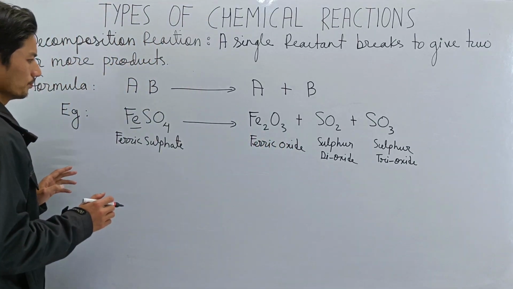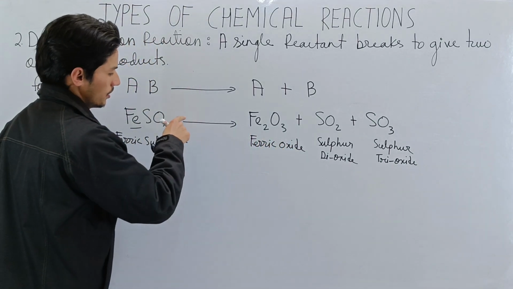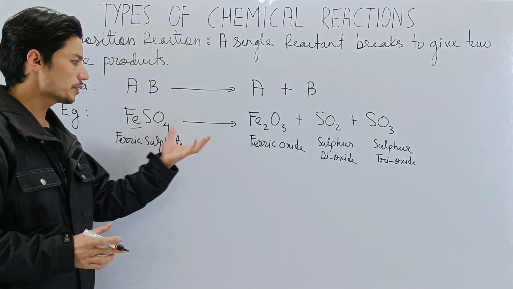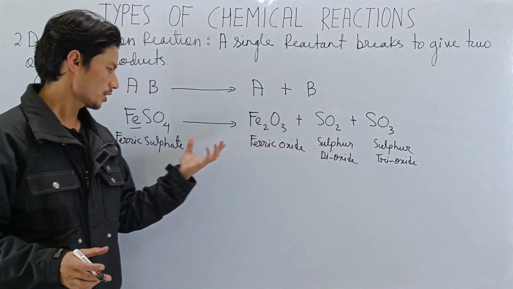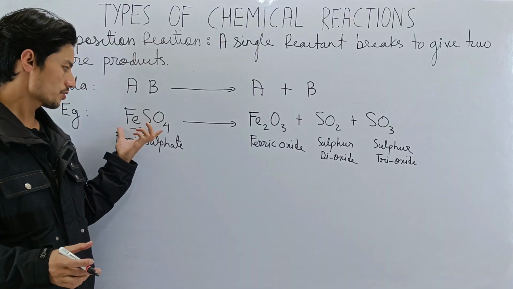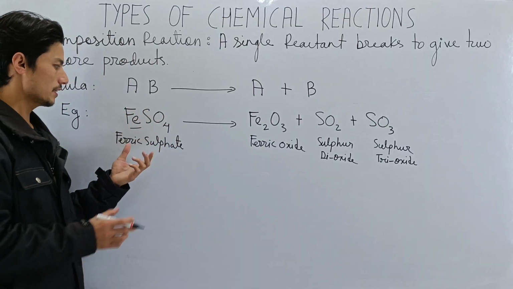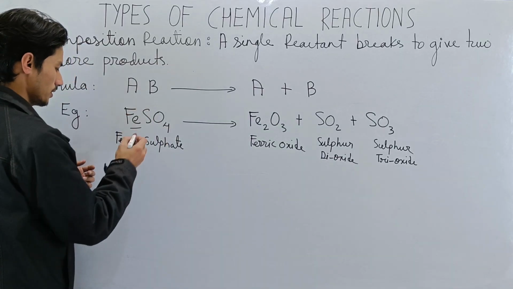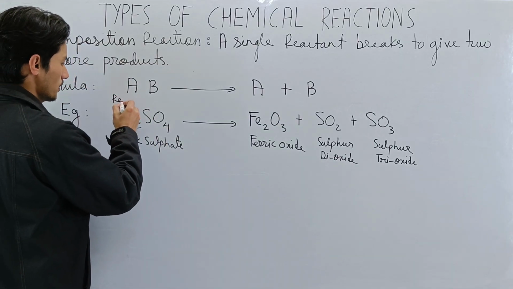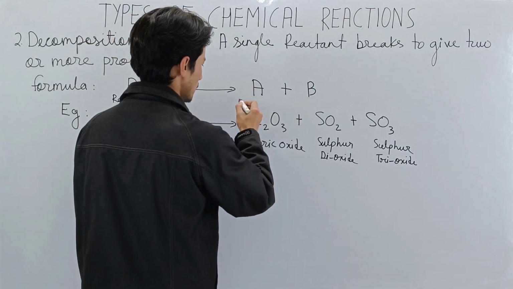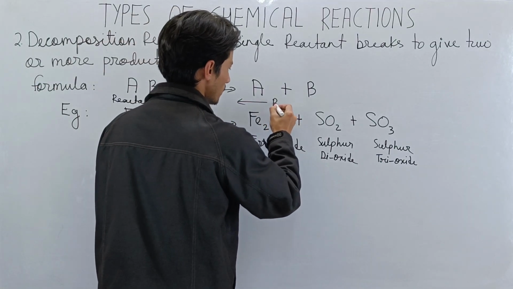Now here, this compound ferric sulfate, how did it break into this? This is the reactant, and these are the products.